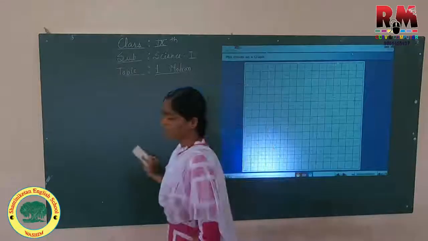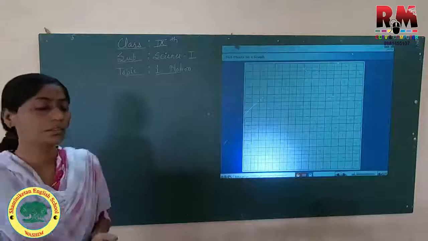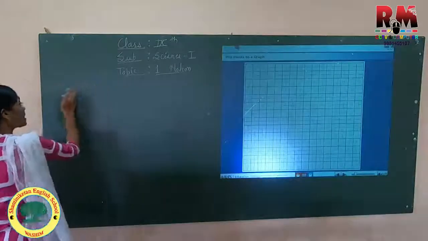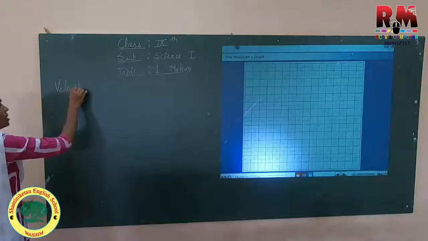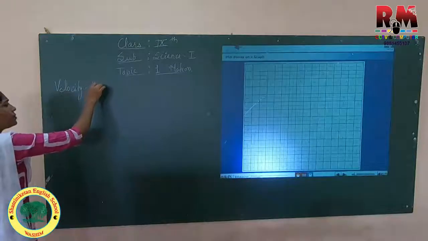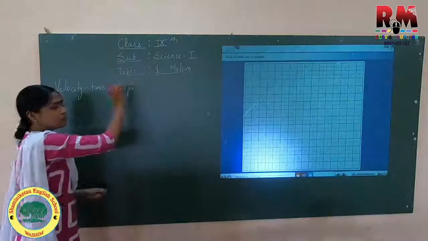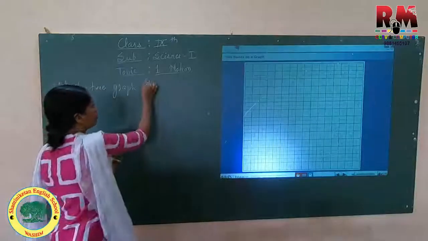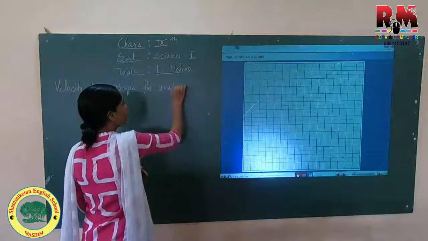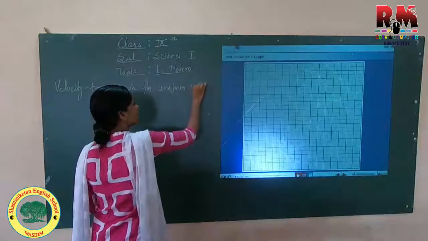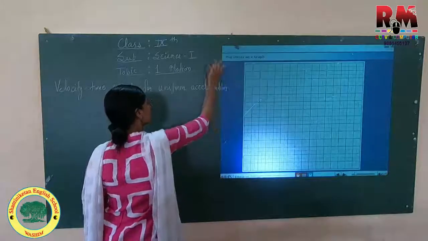Okay. Now let us see the velocity time graph for uniform acceleration. Okay.